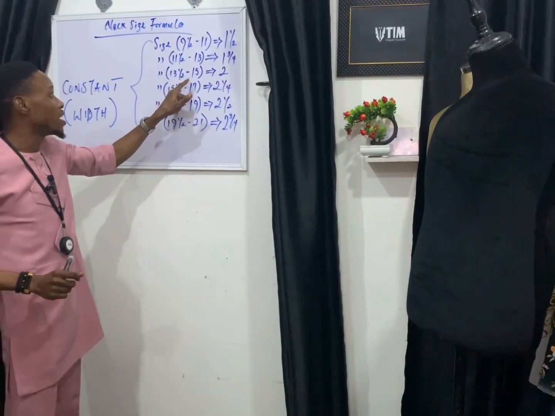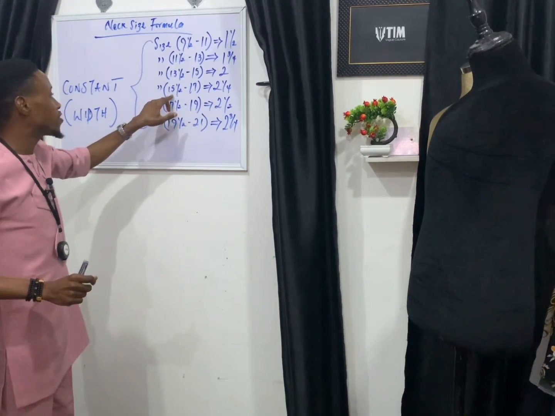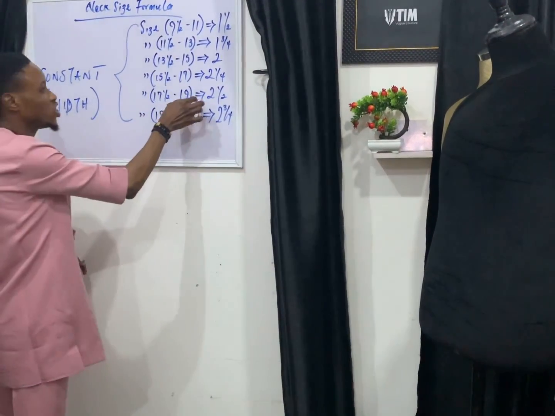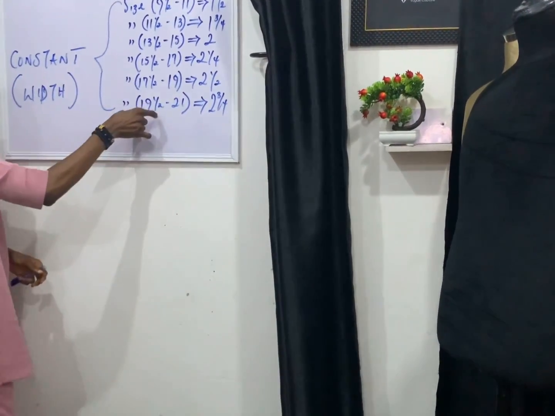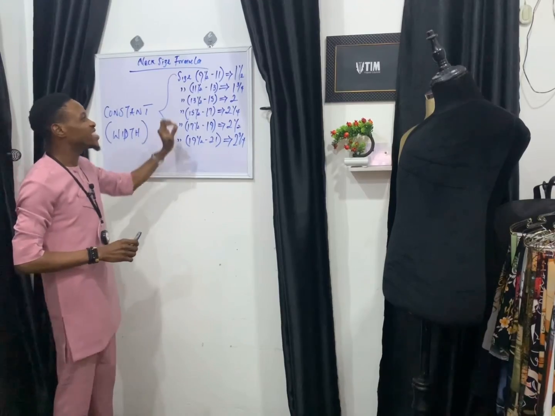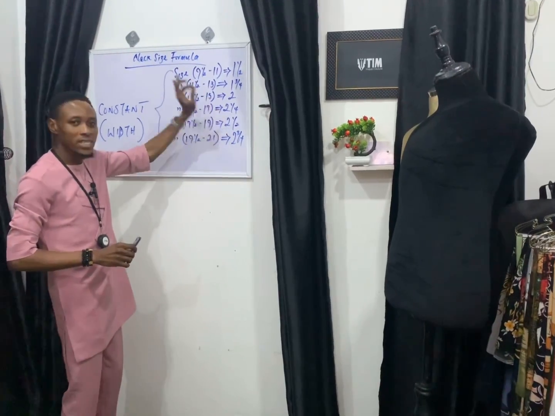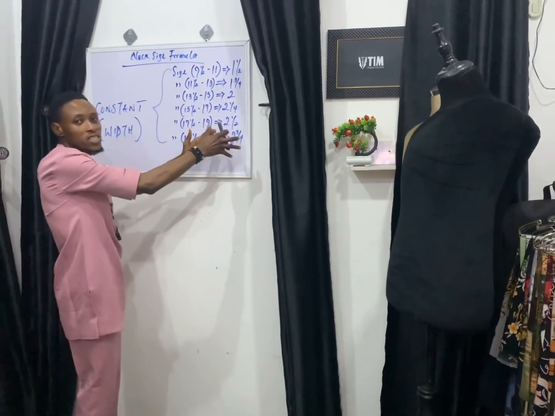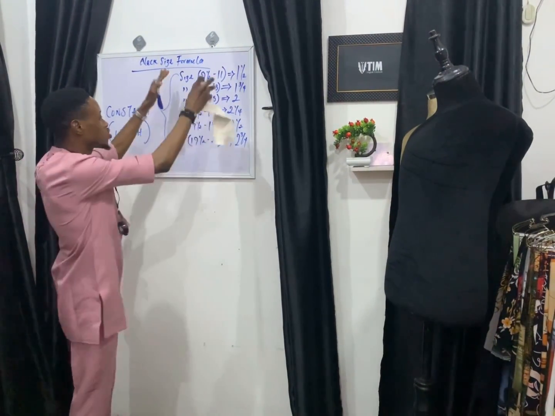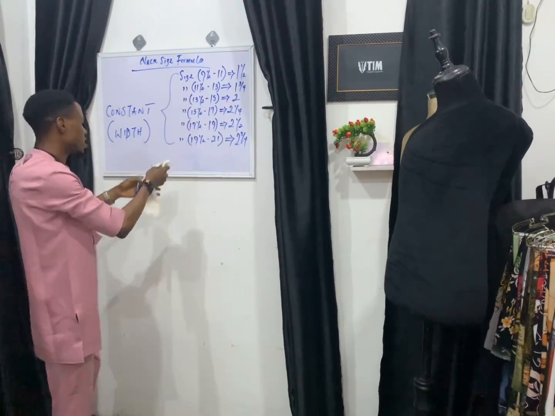From 13.5 to 15, you have 2 inches. 15.5 to 17, you have 2 1/4, and 17.5 to 19 inches, you have 2.5, and 19.5 to 21 inches, you have 2 3/4. Mind that it must remain the same. This is constant. I will advise you to write this somewhere, because we'll be needing them when we start working with it.